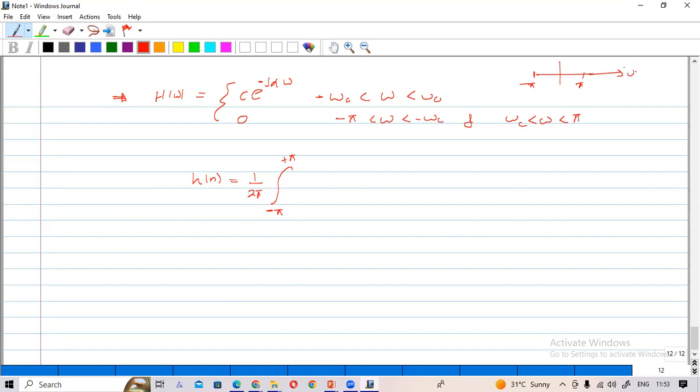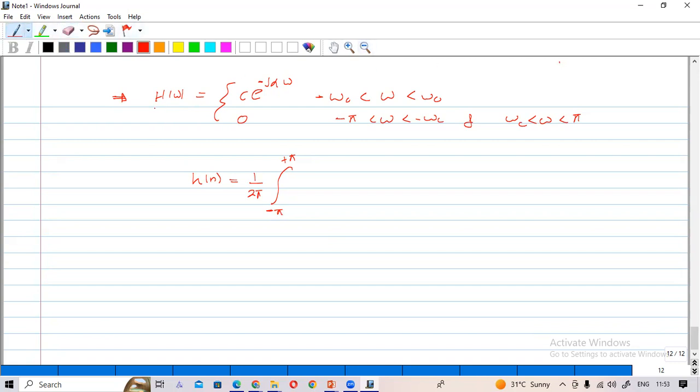Omega is the normalized frequency, so the same thing repeats beyond that, and up to minus pi and plus pi is enough. It is somewhat like this, up to minus omega c and plus omega c.